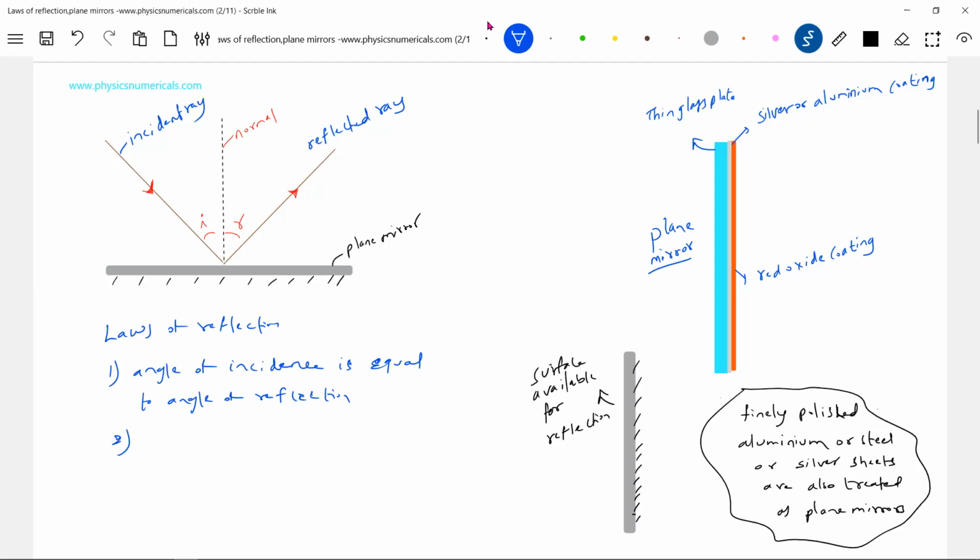The second law says the incident ray, reflected ray and normal lie in the same plane. Okay, these are the two basic laws of reflection.